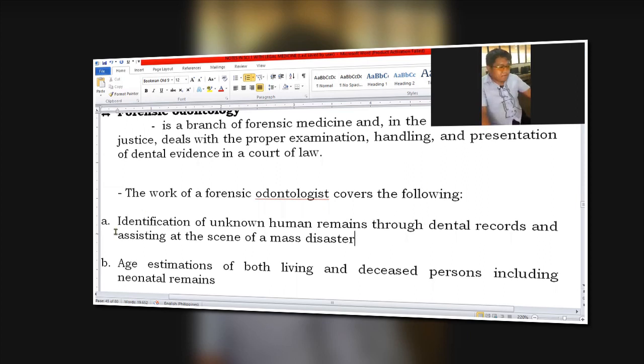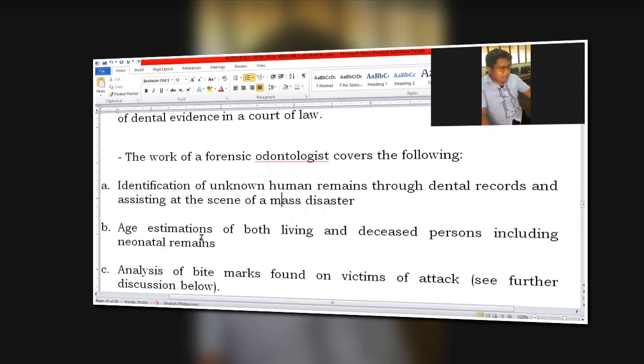Identification of unknown human remains through dental records and assisting at the scene of a mass disaster. When there is a mass disaster, it takes a long time before the people involved who died are found. Age estimation of both living and deceased, including neonatal remains. Those are the fetuses or those who died in the womb of the mother.